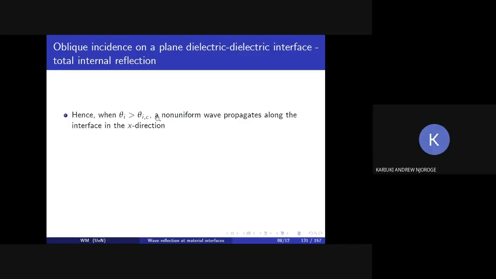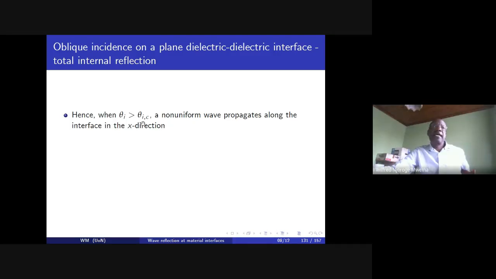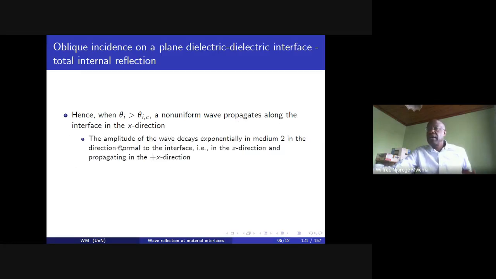And hence, when theta I is greater than theta IC, a non-uniform wave will be propagating along the interface in the x direction. The amplitude of the wave will be decaying exponentially in medium 2 in the direction normal to the interface, or in the z direction, while propagating in the x direction.